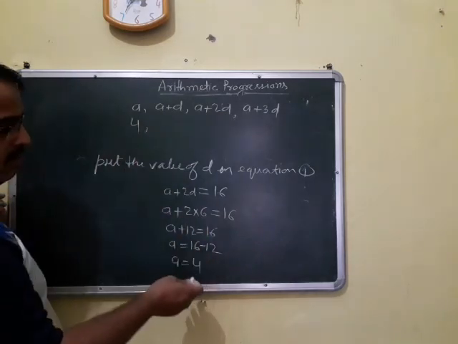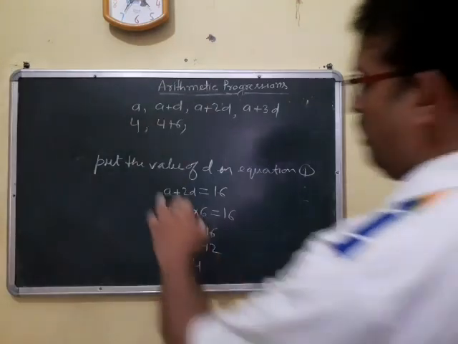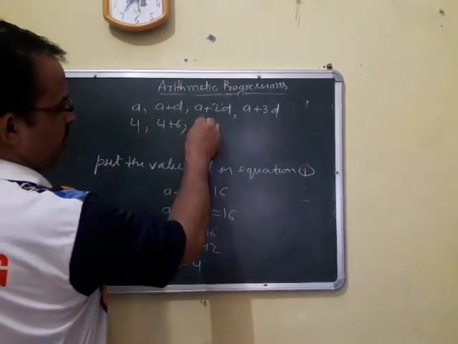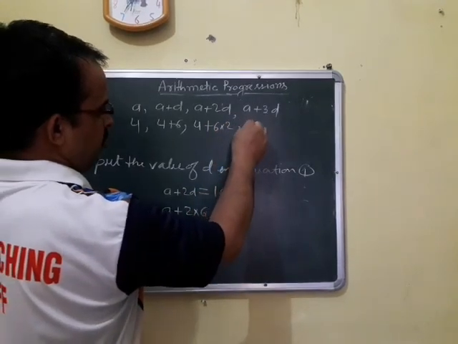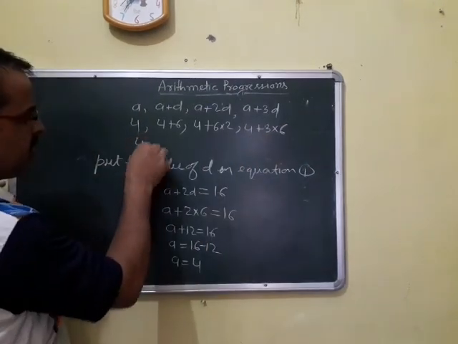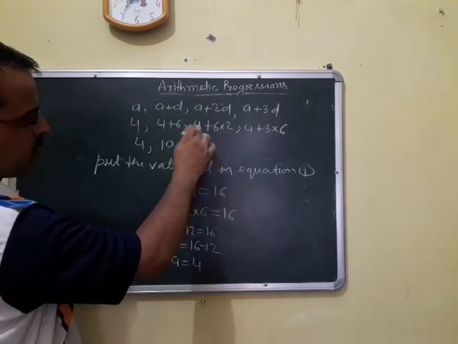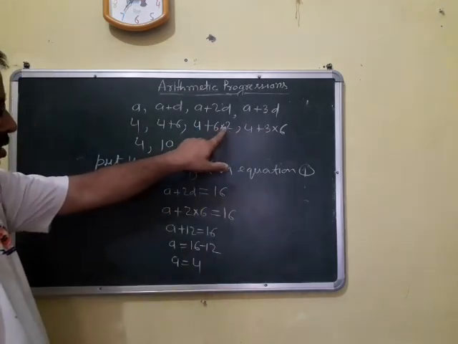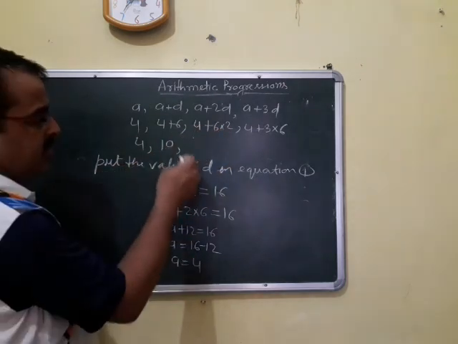D here we find is 6, and a is equal to 4. So a plus d is 4 plus 6, which is 10. 4 plus 2 into 6, 12 plus 4, 16.